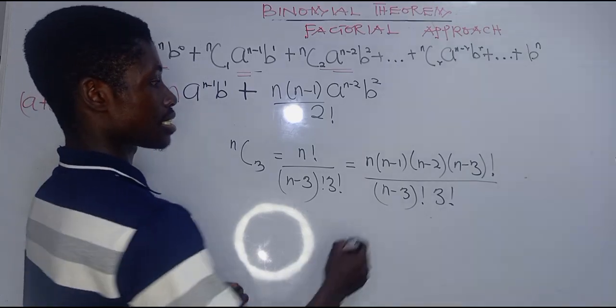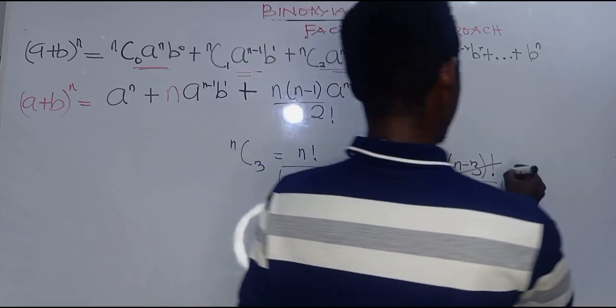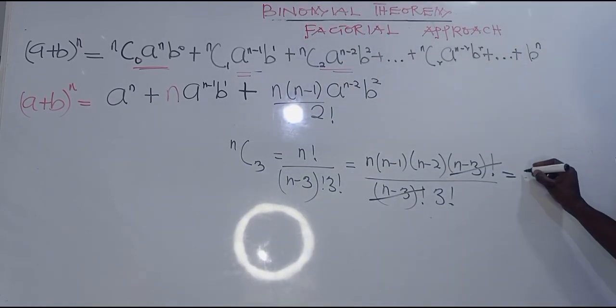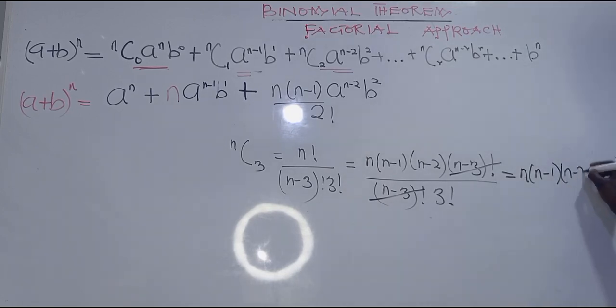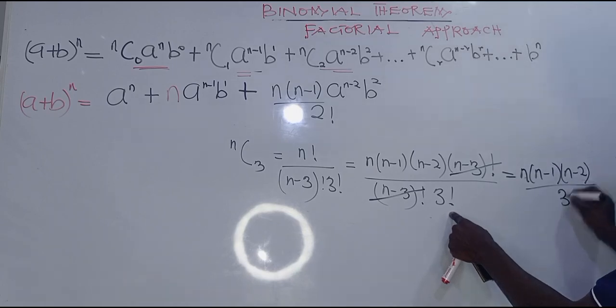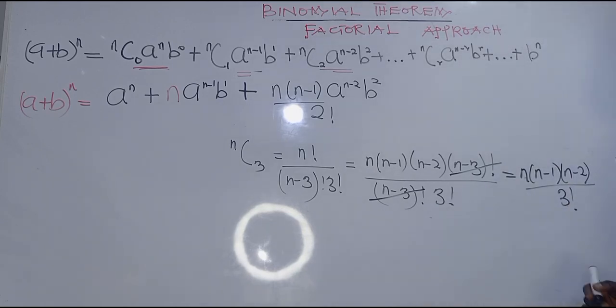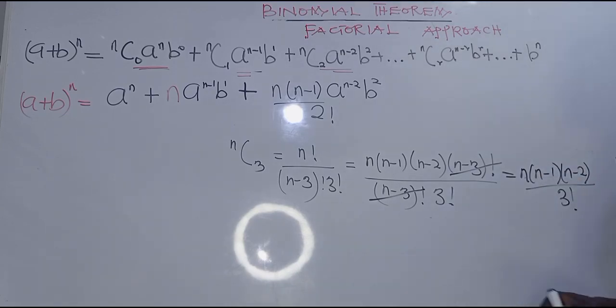So you realize that this can cancel that. We are left with n times (n minus 1) times (n minus 2) all over what? 3 factorial. So in place of n combination 3, this is what we are going to write.